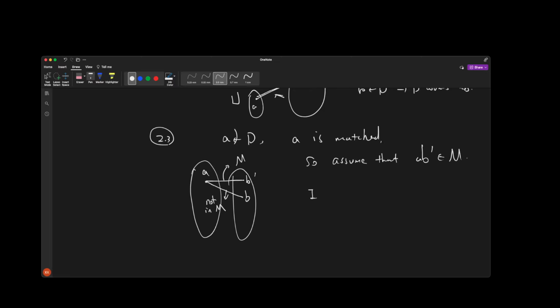Right. So let's see, because by definition of the B prime, there exists an alternating path P to B prime. Why is that?